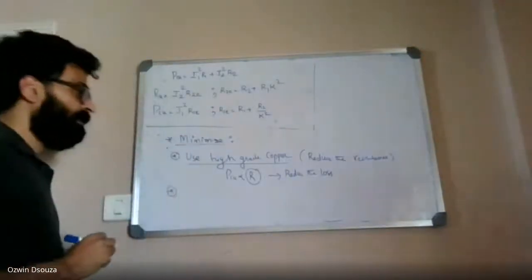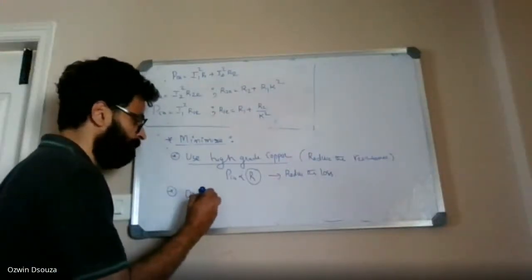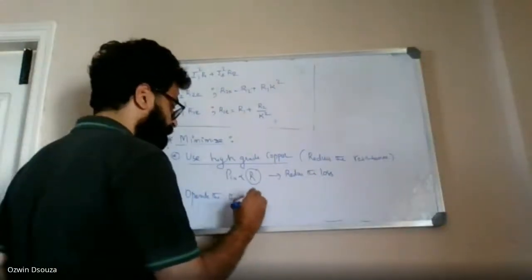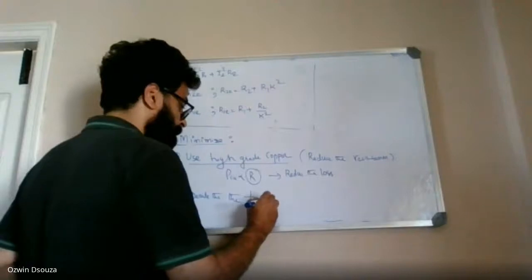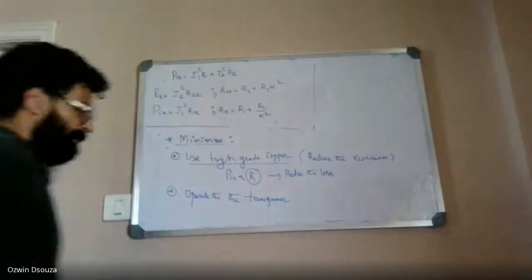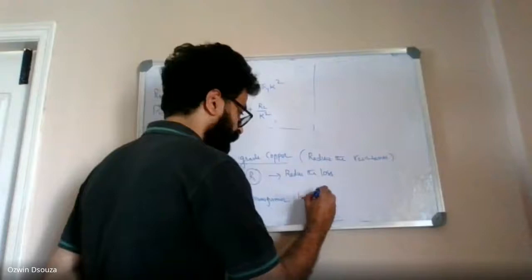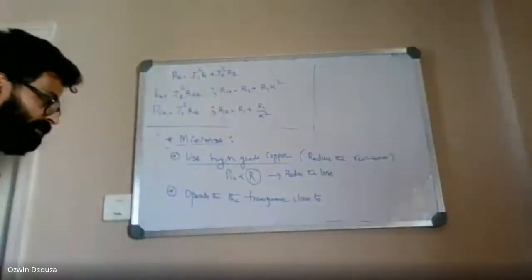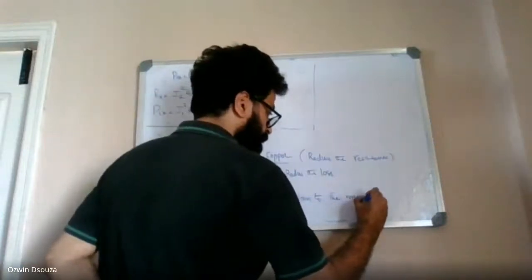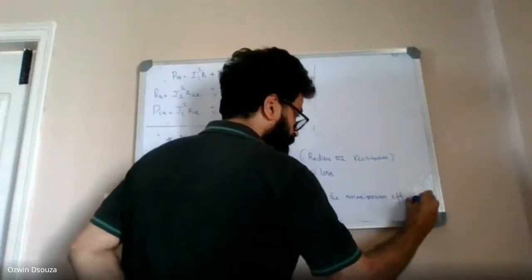The second way is something like operate the transformer closer to the maximum efficiency. Okay.